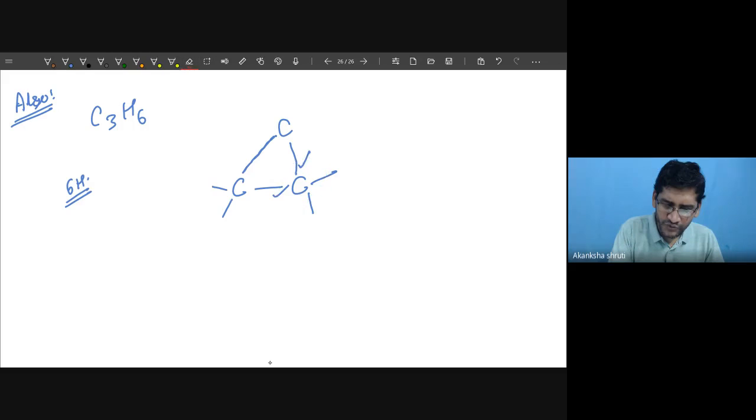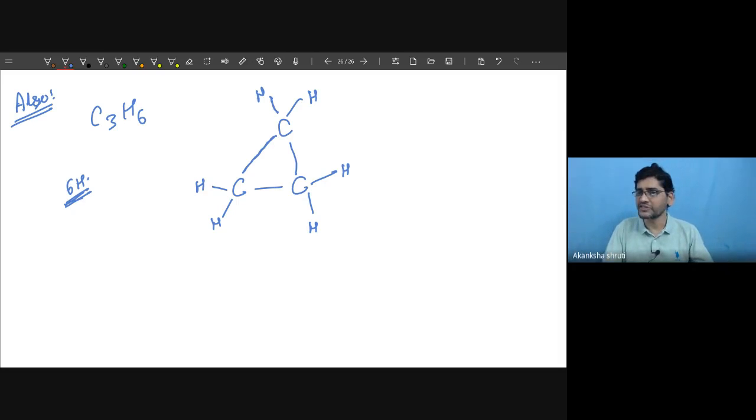The same is true for the third carbon: 2 bonds are already there, so 2 more hydrogen can be kept here. For the remaining part, you just give hydrogen, hydrogen, hydrogen, hydrogen, hydrogen. Yes, 6 were there and all 6 get consumed.